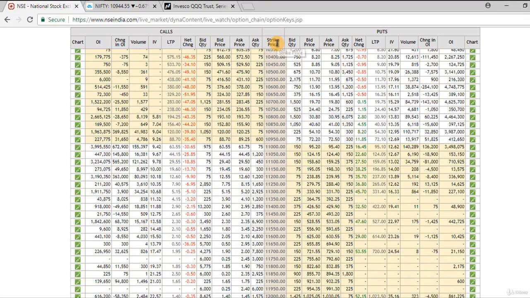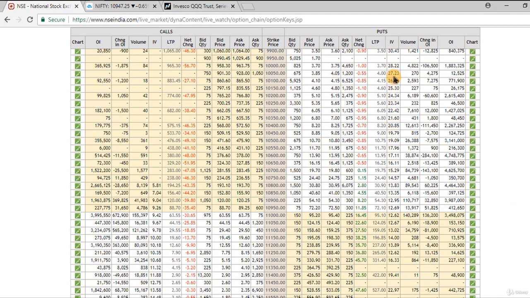The last column is the implied volatility column, and we will discuss implied volatility later in this course, but now see here that the implied volatility increases for the out of the money options. This white portion shows the out of the money call options, and implied volatility increases for the out of the money call options and also for out of the money put options.